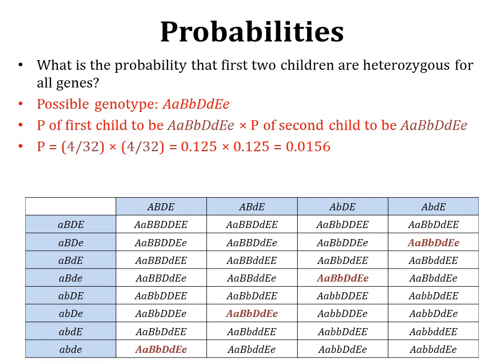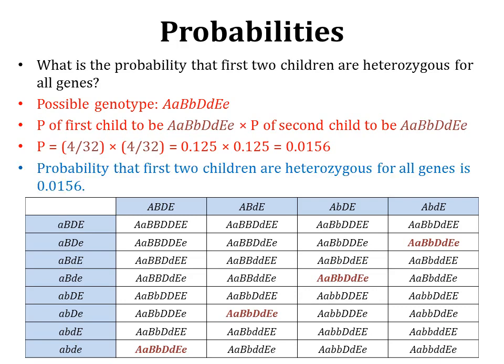So this is 4 by 32 multiplied by 4 by 32. This is 0.125 multiplied by 0.125, and the answer is 0.0156. So we can state our answer as the probability that the first 2 children are heterozygous for all genes is 0.0156. This is the answer to our question.